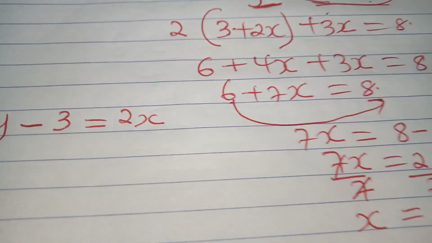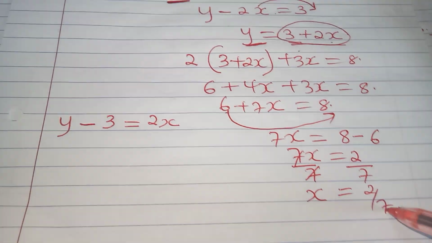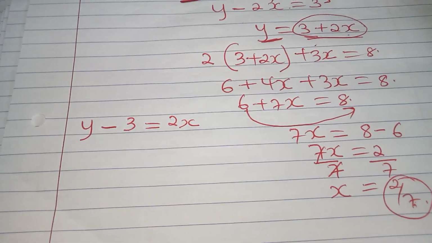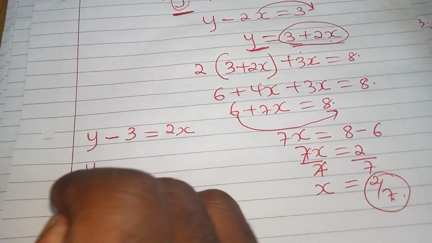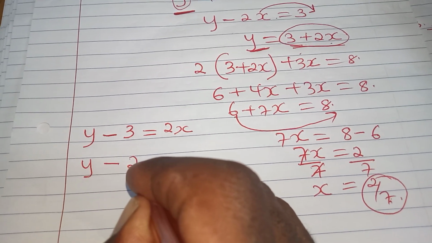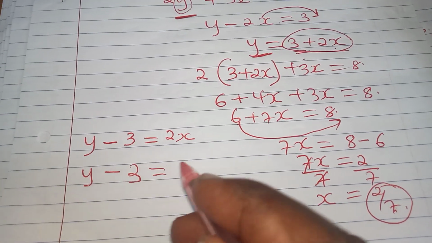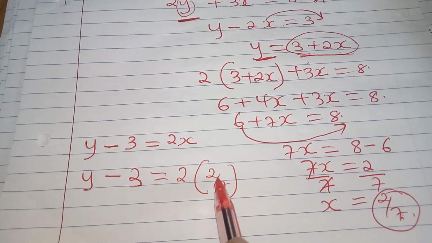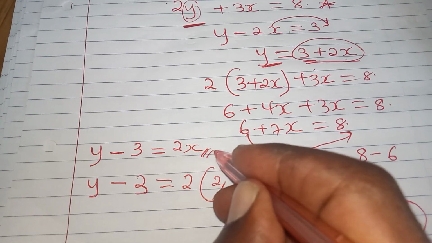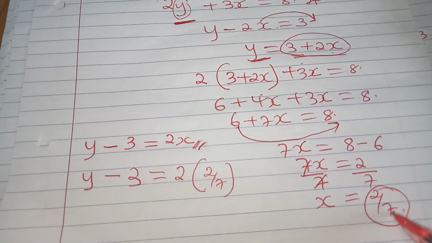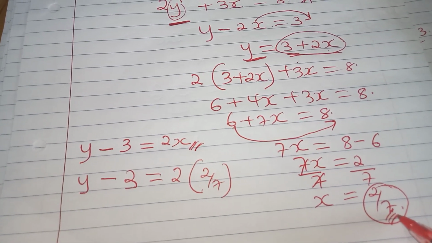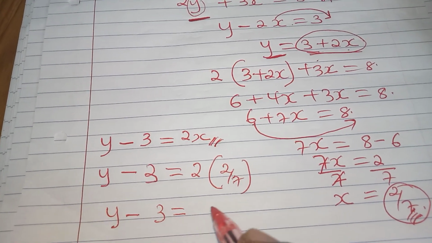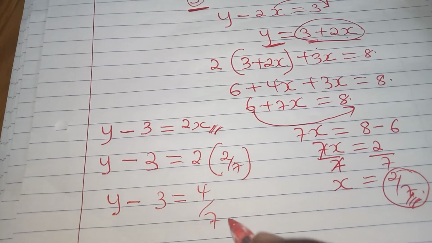Where there's x, I'll substitute 2/7, the value I've gotten from this working. So I'm going to have y less 3 is equivalent to 2 into 2/7. Why am I putting 2/7 here? It is the value of x that I initially got. So y less 3 is equivalent to 4/7.